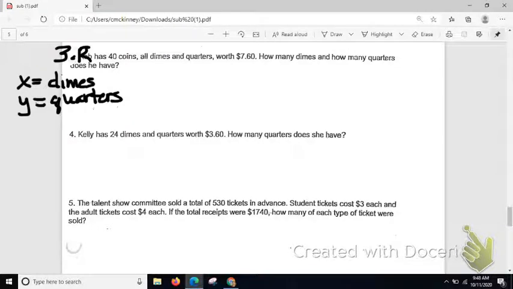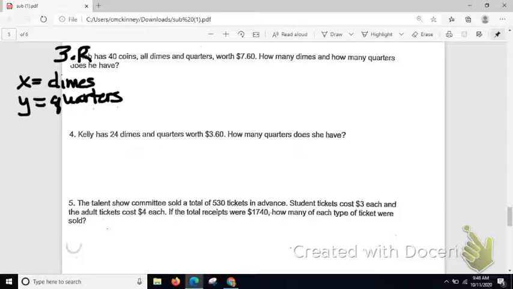So there are really 2 equations here, just like there have been. One of them has to do with how many coins. Just like if I was counting them like a 3-year-old or a 4-year-old. 1, 2, 3, doesn't matter if it's quarter or dime. I'm just counting the coins. There are 40 of them.